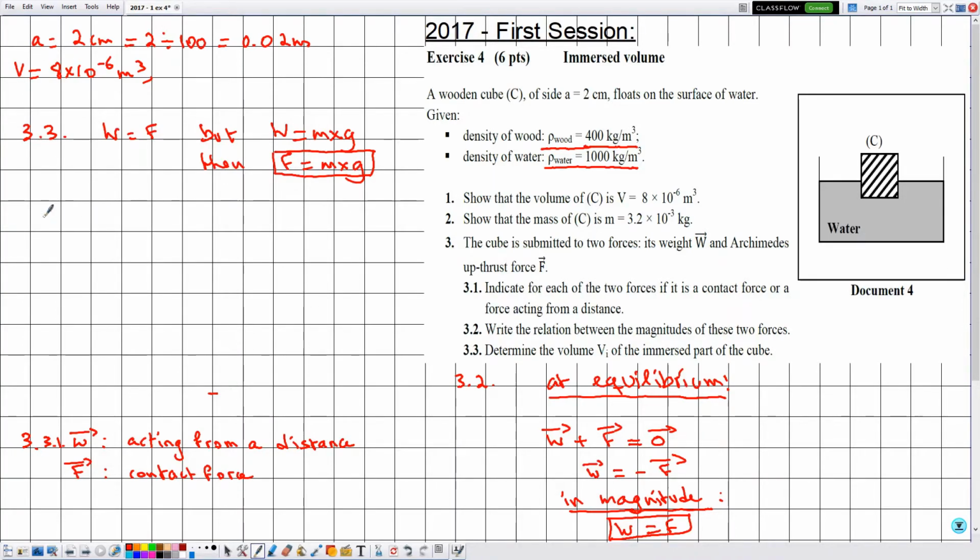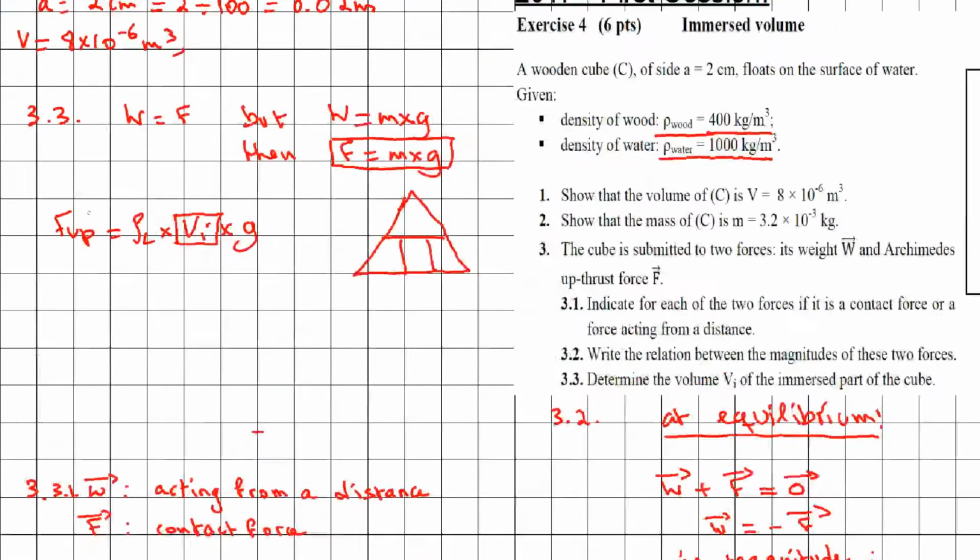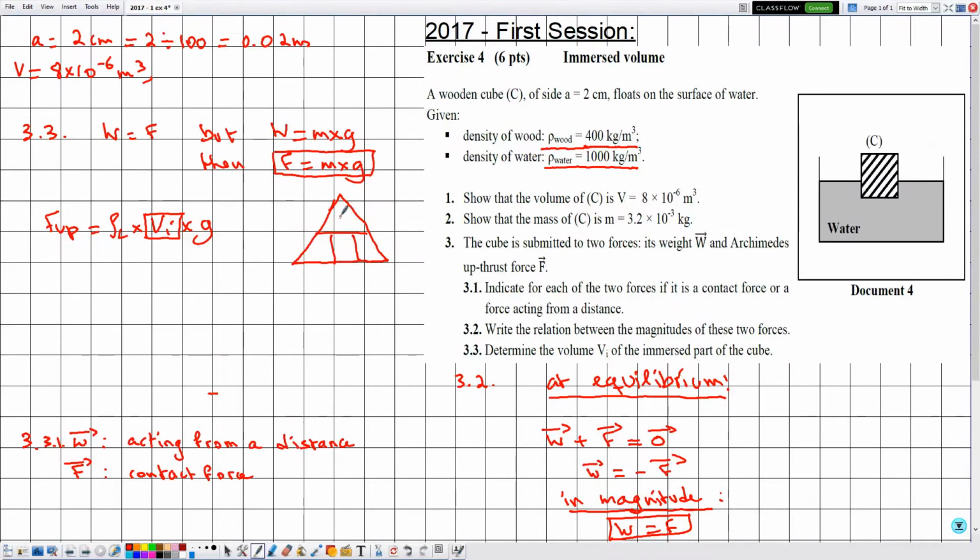Let's say that F upthrust is equal to the density of the liquid times the volume of the immersed part times G. We are interested in determining the value of VI. Constructing the triangle of this formula, because we have multiply, then F will be at the top, rho L, VI, and G at the bottom.